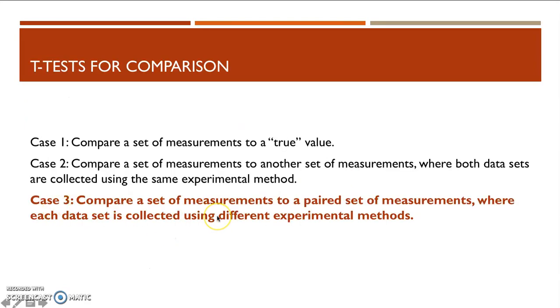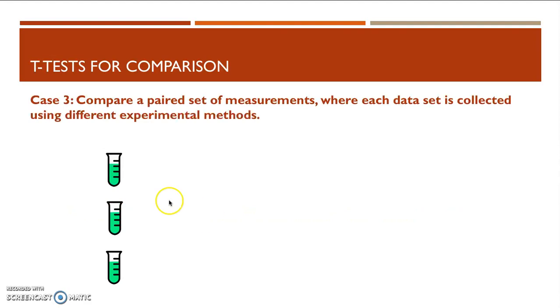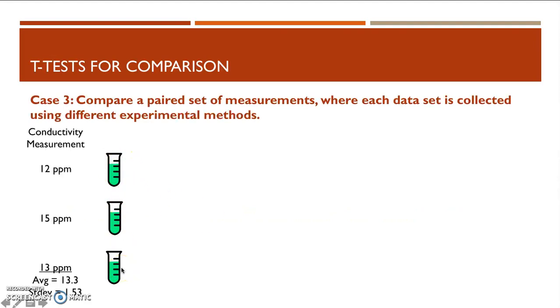The third case, which you probably won't be using, at least this semester, would be to compare a set of measurements to a paired set of measurements where each data is collected using a different experimental method. So for example, I have 3 samples, and you are going to use a conductivity measurement to measure the concentration of the analyte in solution, and you get an average and a standard deviation across these 3 samples.